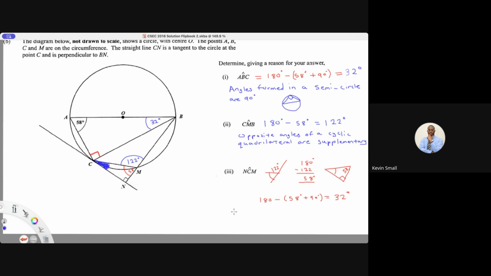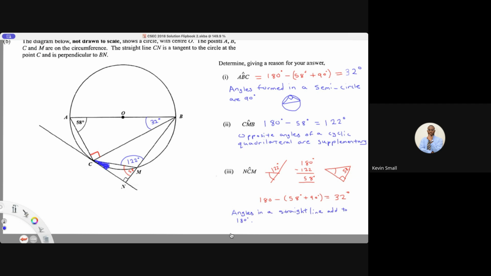So I said angles in a straight line add up to 180.